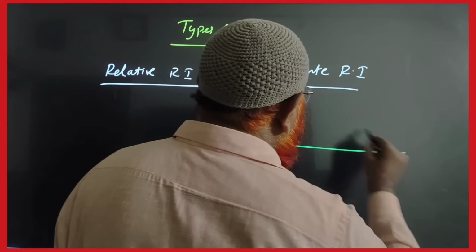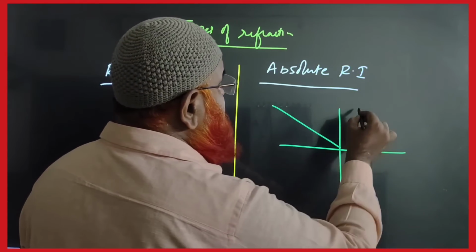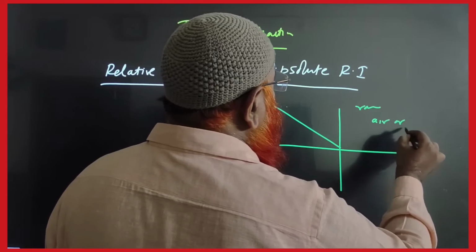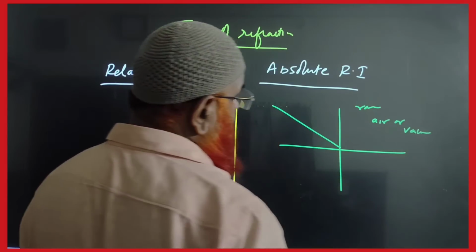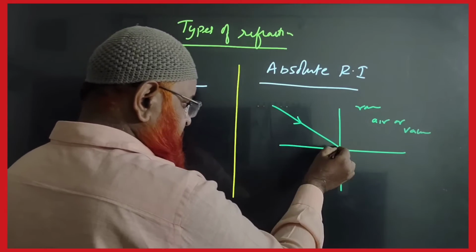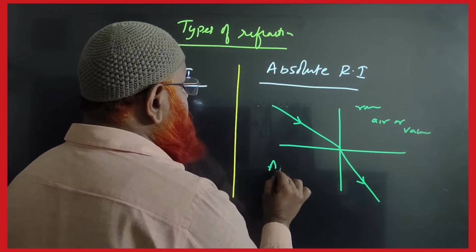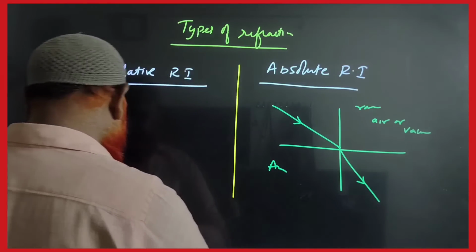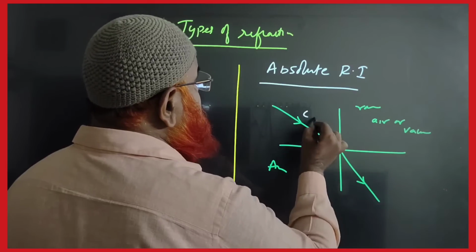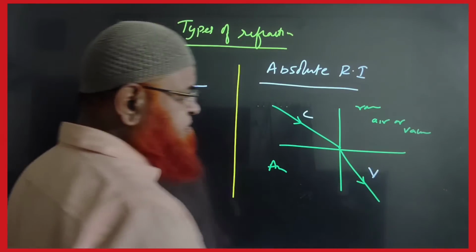See, in absolute refractive index, always the rarer medium is air or vacuum. Rarer medium, if you consider as air or vacuum always, and some other denser medium, any denser medium you can take. And velocity of light in air or vacuum is always c, and here velocity in some other medium is taken as v.